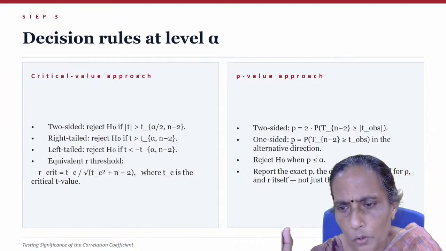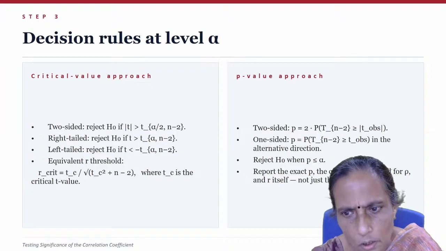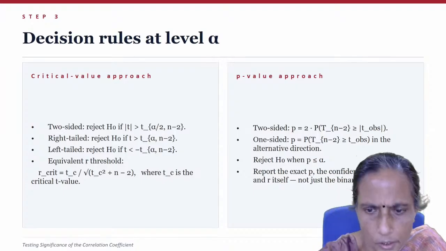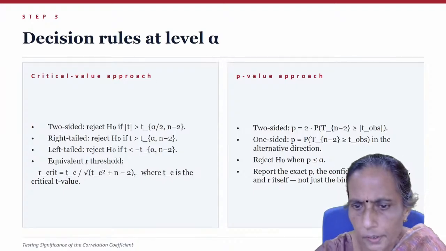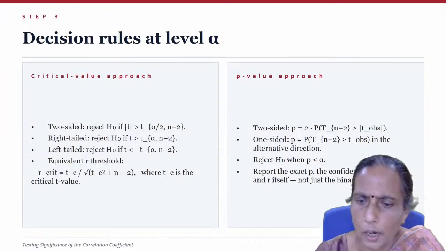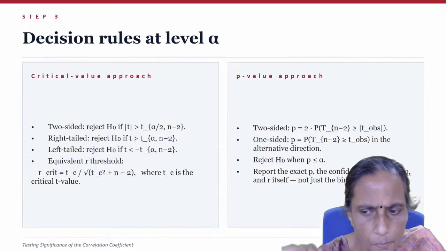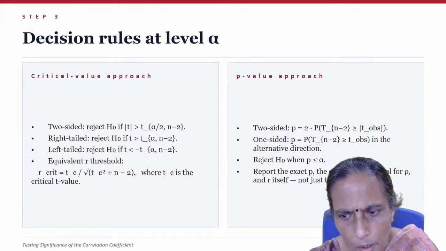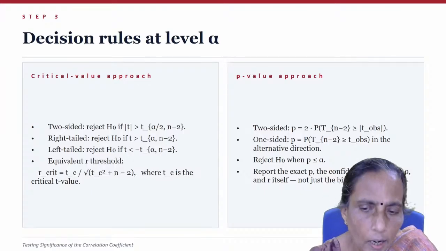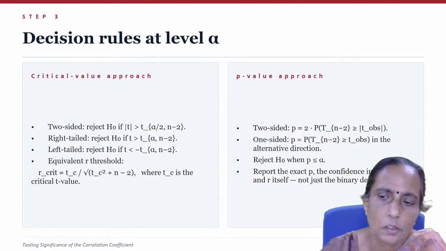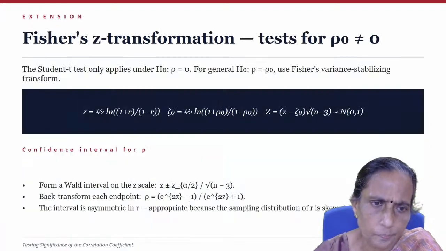Similarly, in the p-value approach, if your p-value is less than alpha, then we reject, and accordingly we have to report the exact p, the confidence interval for rho, and r itself, not just the binary decision.